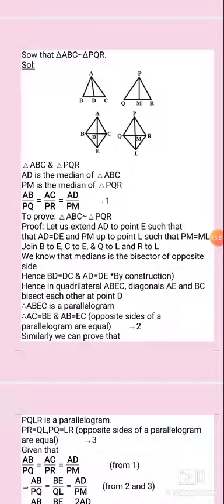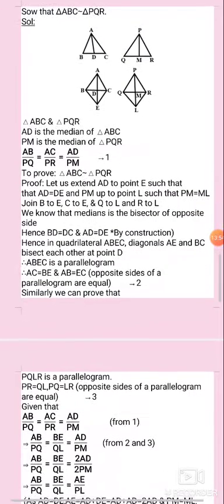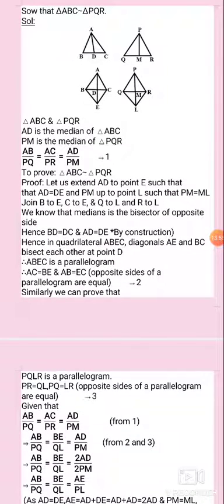Now, AB by PQ is equal to AC by PR is equal to AD by PM. Instead of AC by PR, we write BE by QL. BE by QL is equal to AD by PM. Now AB by PQ is equal to BE by QL is equal to twice AD by 2 PM.